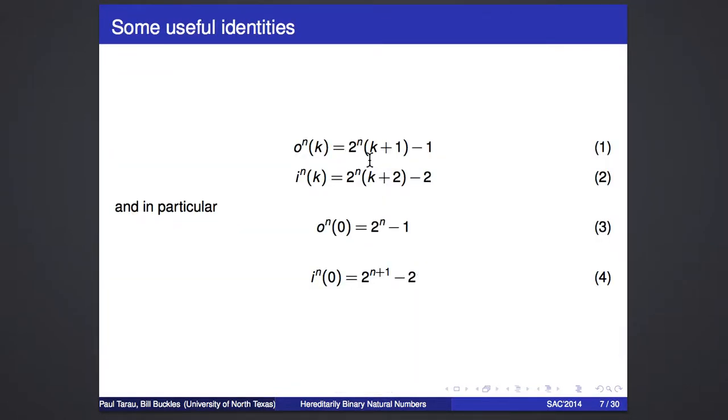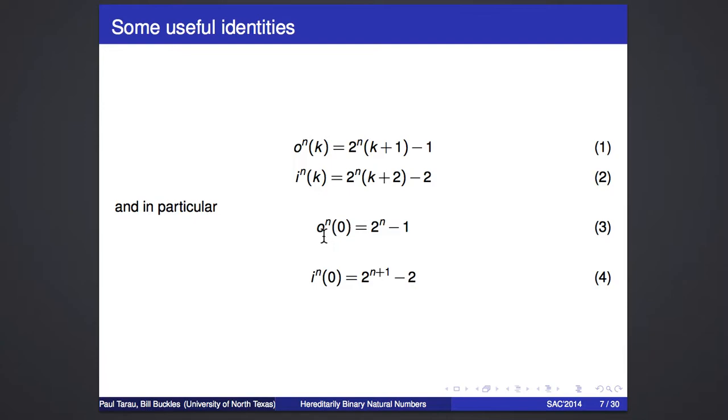Rewriting those as conventional mathematical notation gives us the following two very useful identities. They connect O^n applied to k with 2^n times (k plus 1) minus 1, and I^n applied to k would be 2^n times (k plus 2) minus 2. So it's just a rewriting in conventional mathematical notation of the previous proposition.